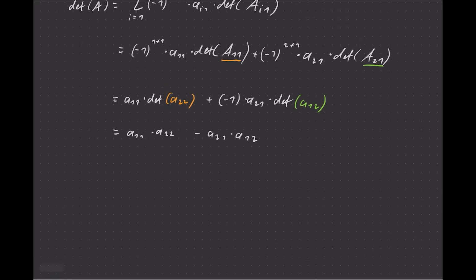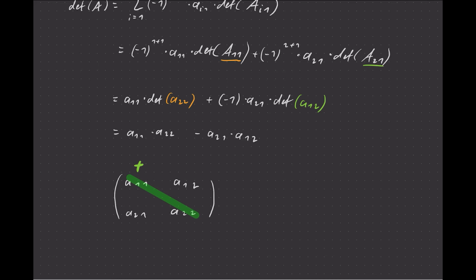There's a neat help to remember this formula. So if you look at the matrix once again, looking like this here, then what we do is we first multiply these two entries here, and those get assigned a plus, so those are counted positively.